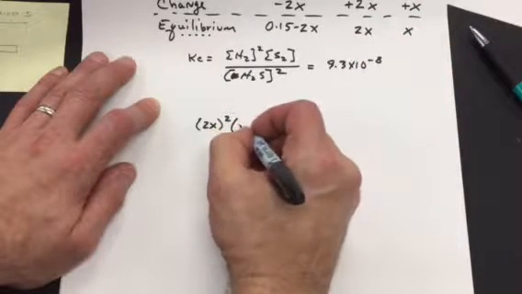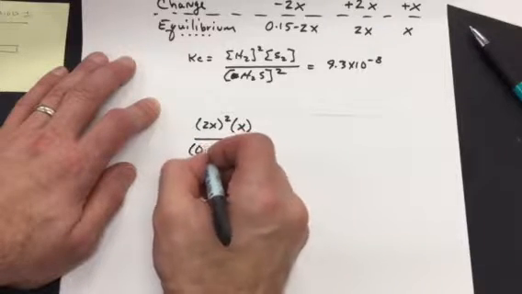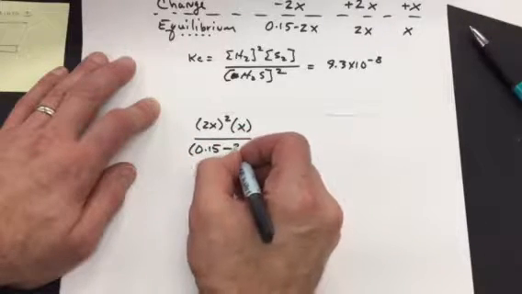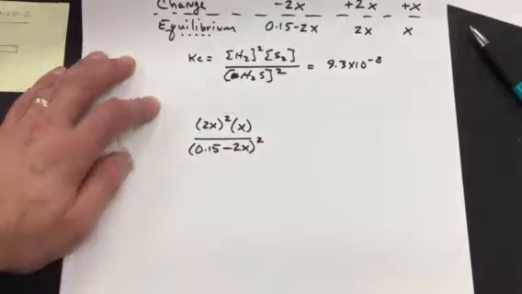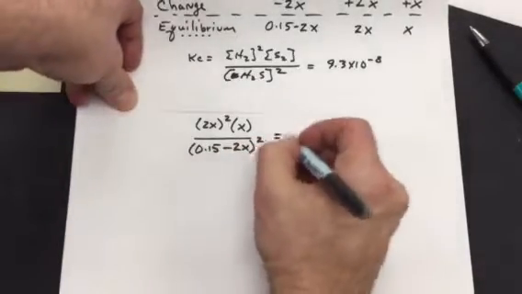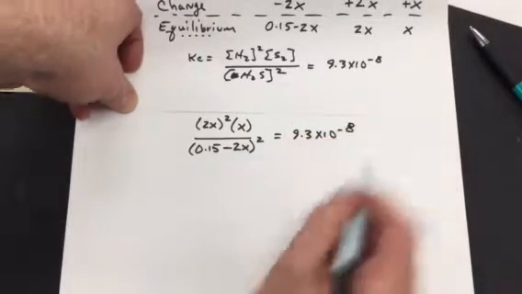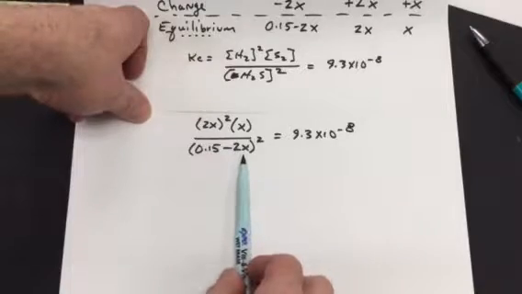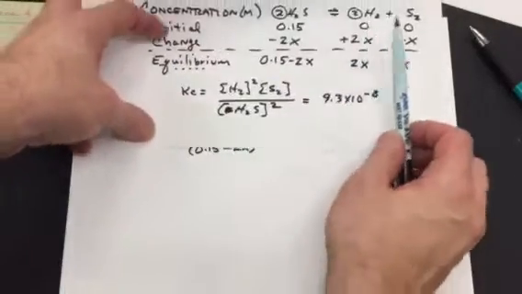For sulfur, x all over 0.15 minus 2x squared. And that has to equal 9.3 times 10 to the minus 8. Okay, so look what's going to happen. Whatever we get for x, when we solve for it, we can then substitute in here.